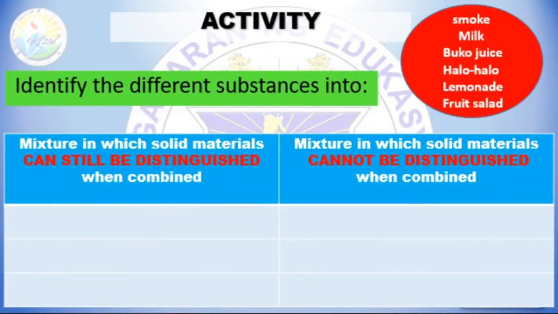Alright, for your activity, identify the different substances into a mixture in which solid materials can still be distinguished when combined for the first column, and for the second column, mixture in which solid materials cannot be distinguished when combined. So, choose your answers here. We have here smoke, milk, buko juice, halo-halo, lemonade, and fruit salad.